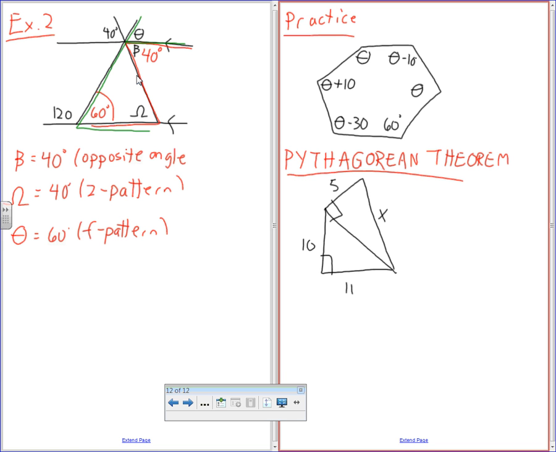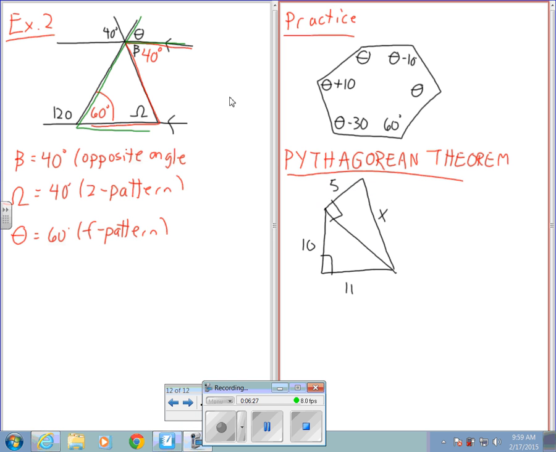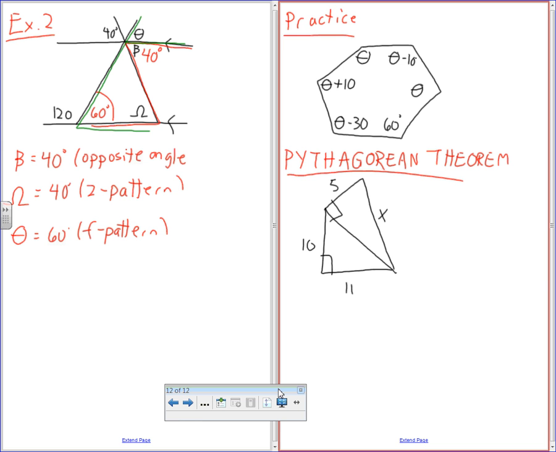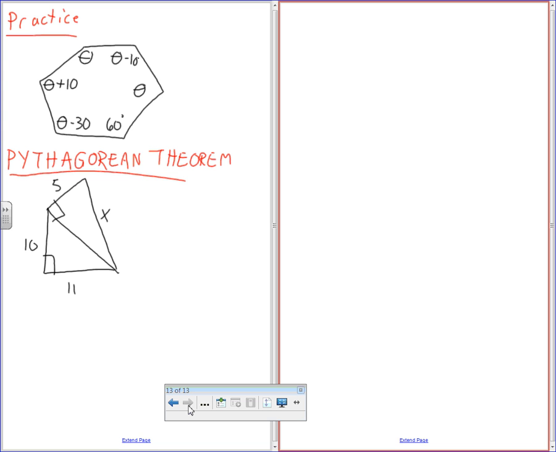Okay, so Pythagorean theorem. I'll hit pause. Give you guys a second to practice this one out right now. Go ahead. Okay, so first you find the first hypotenuse.